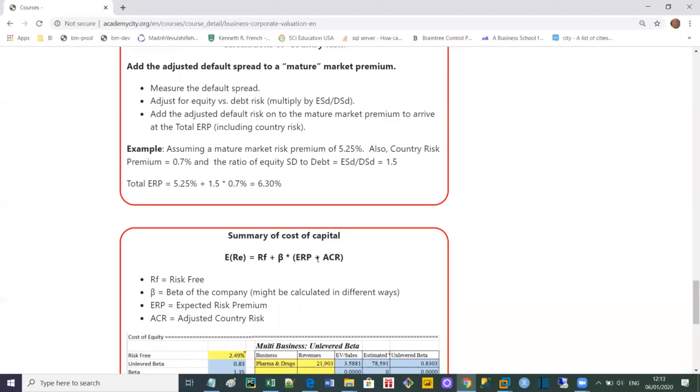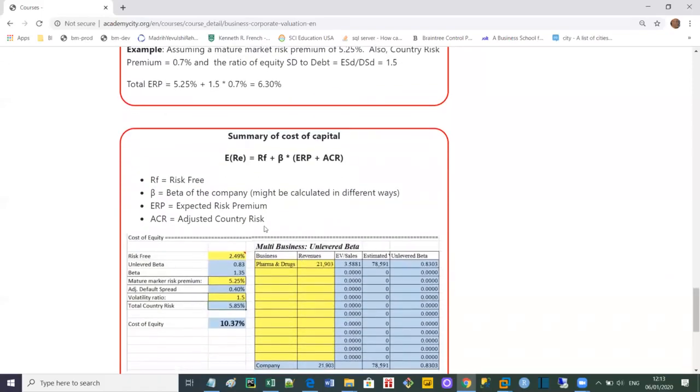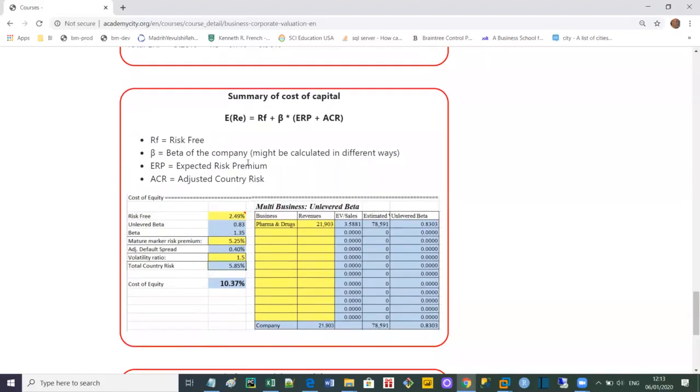The total risk premium will be 6.3 in this example. And that really summarizes the process of arriving at the estimation of the return on equity in our case. Let's look at how the Excel works. You're entering data in the beginning, in the first page.